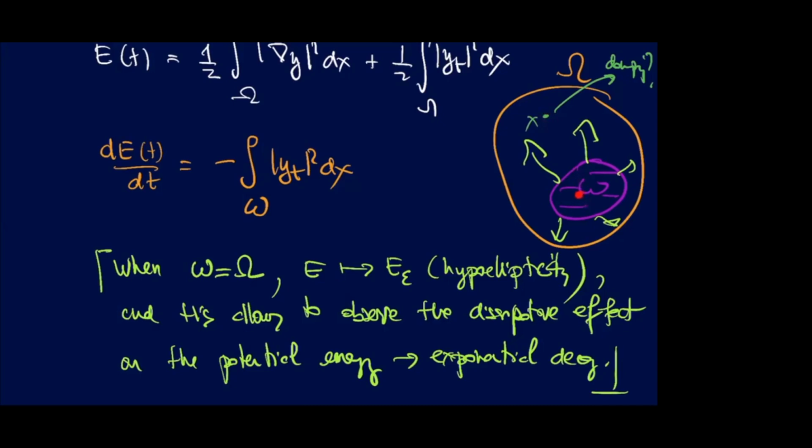Yeah, that is true. But if you adopt this point of view, definitely, how many x's do I have? There is a continuum of x's outside the small omega.